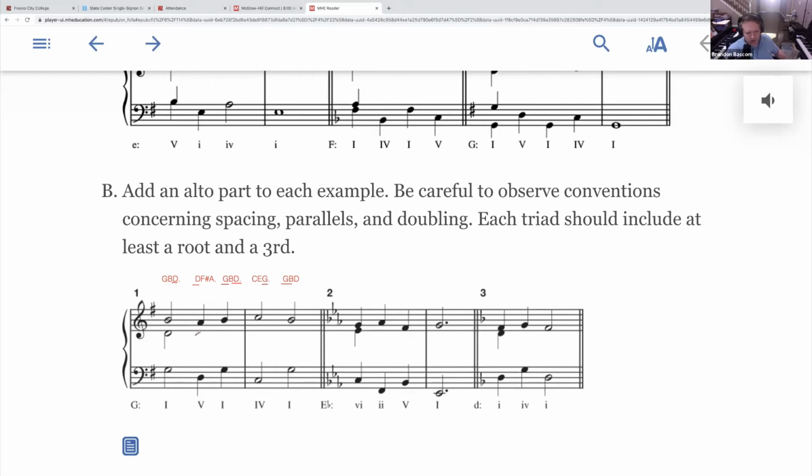We have a common tone of D. Does that work? Yeah. Can we also go to the F sharp?